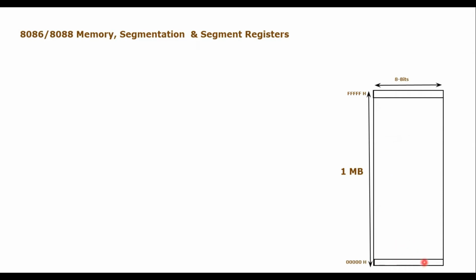The minimum address, or the very first location, is addressed as 00000 hex, that is 5 zeros in hex. Every hexadecimal symbol is composed of 4 bits, so how many bits are included in this address? These are basically 20 bits.